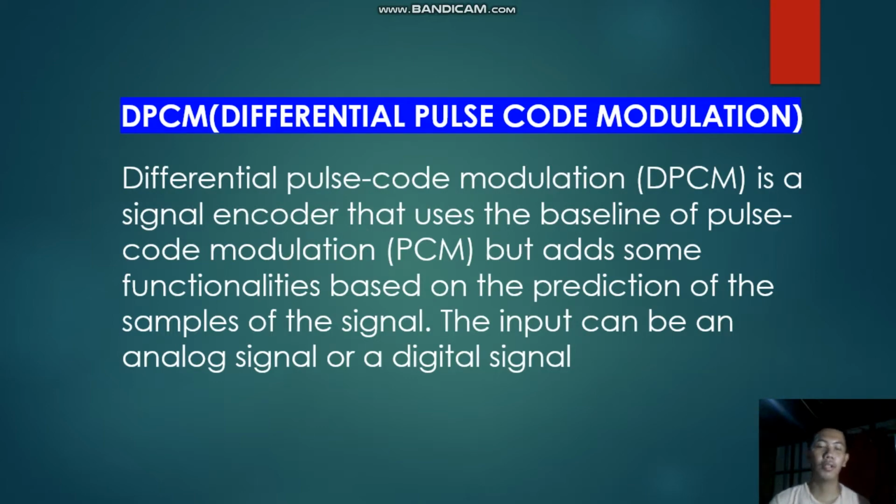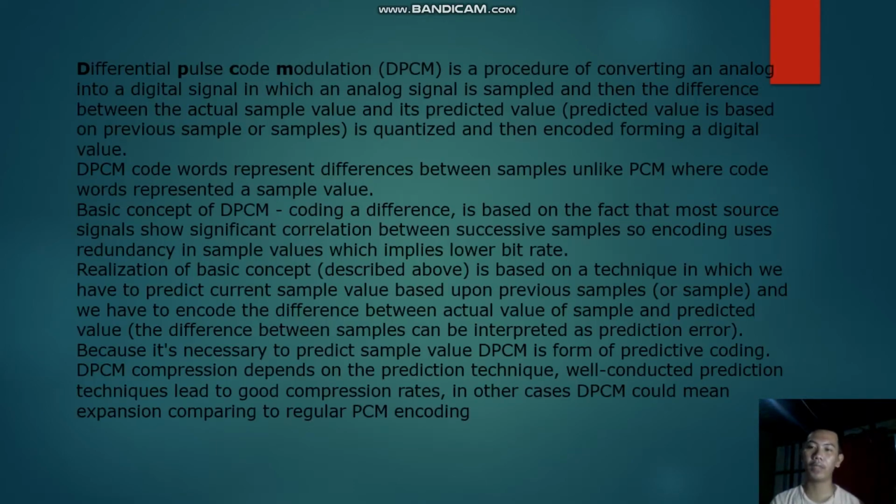Differential pulse code modulation is a signal encoder that uses the baseline of pulse code modulation but adds some functionalities based on the prediction of the samples of the signal. The input can be an analog signal or a digital signal.